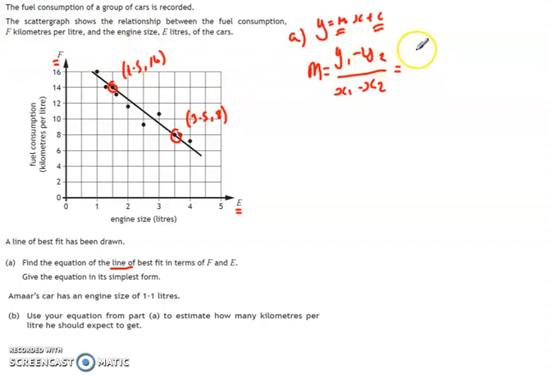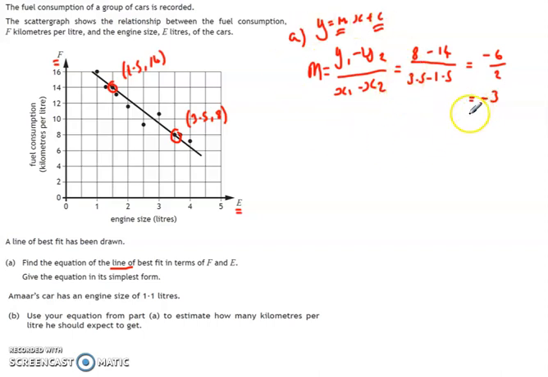So y1 minus y2 is 8 take away 14 over x1 minus x2, 3.5 take away 1.5. So 8 minus 14 is negative 6. 3.5 take away 1.5 is 2. So negative 6 over 2 gives me a gradient of negative 3 for the line.